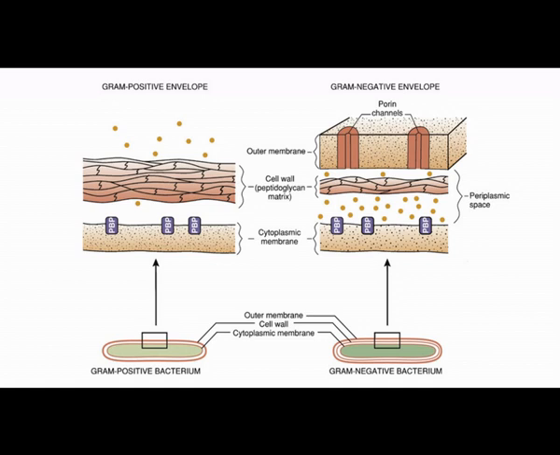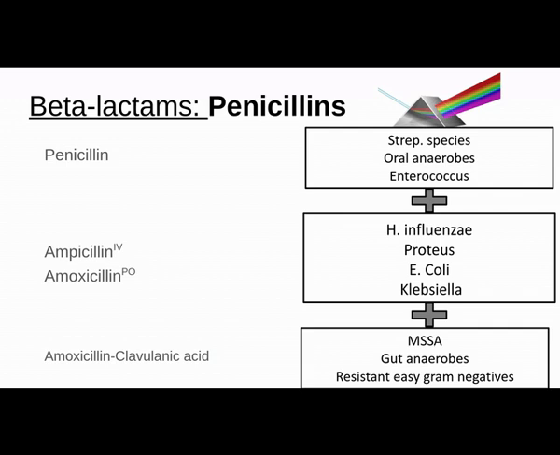So it makes sense that the earliest beta-lactam, penicillin, really only works for gram-positive bacteria. So penicillin killed easy-to-kill gram-positives. This includes streptococci, Aerococcus, and oral anaerobes. They also cover enterococci, but I'd hardly call them easy to kill.